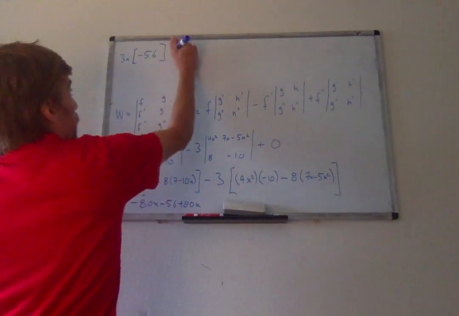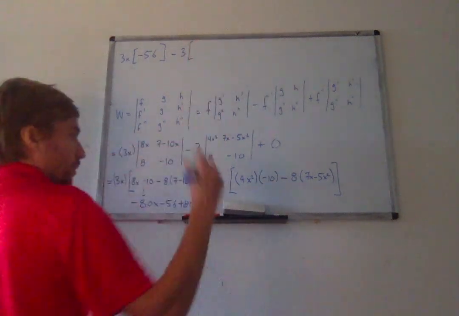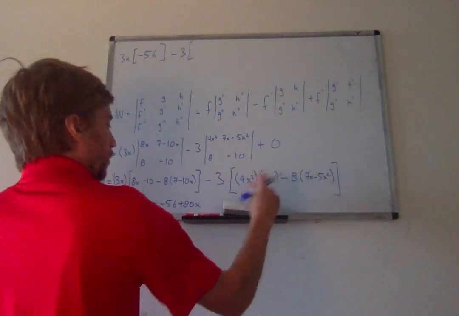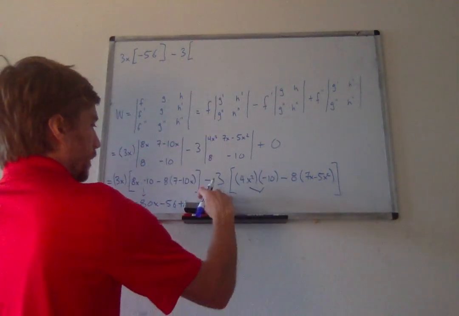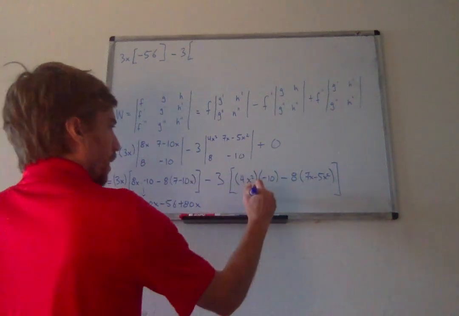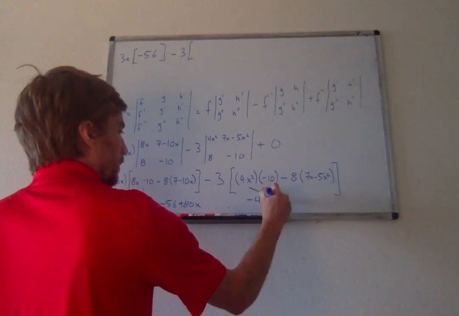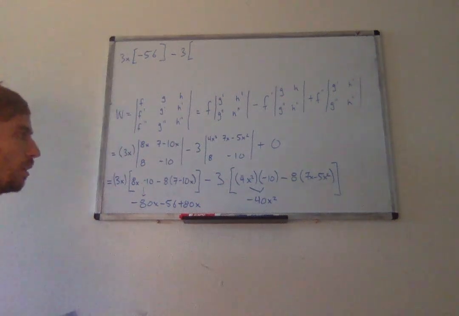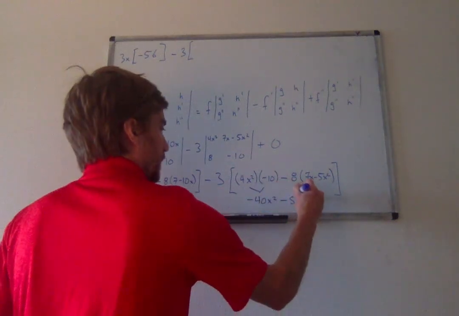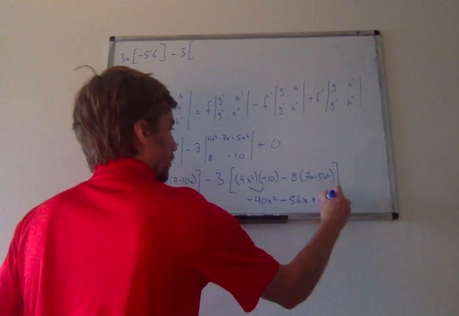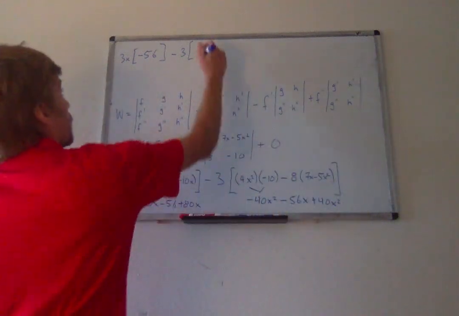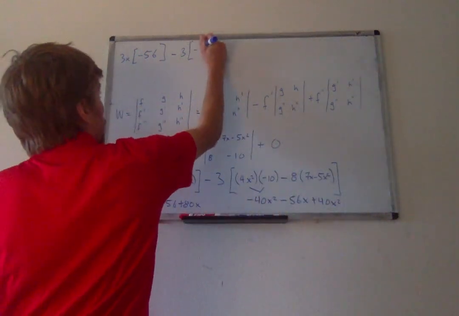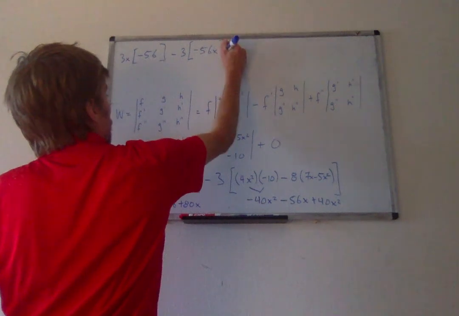So then here, this would be minus 3 times. These two terms multiply out to give me negative 40x squared minus 56x plus 40x squared. And that's very convenient because I get minus 56x.